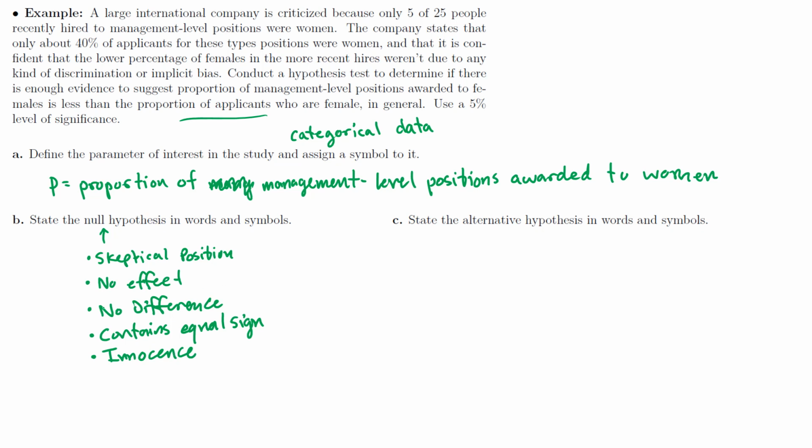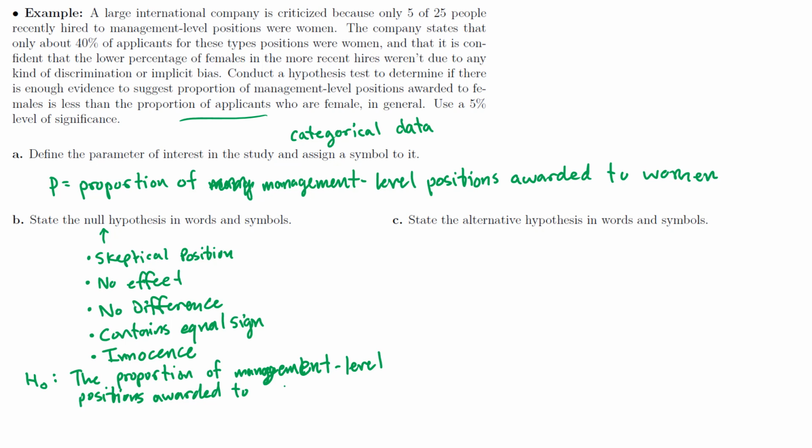All right, so now that we've established that, I think it's clear what we want to do. We want to make a null hypothesis that says the proportion of management level positions, just what I wrote up above, management level positions awarded to women is no less than 40%.